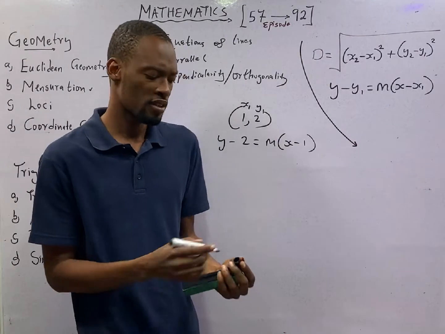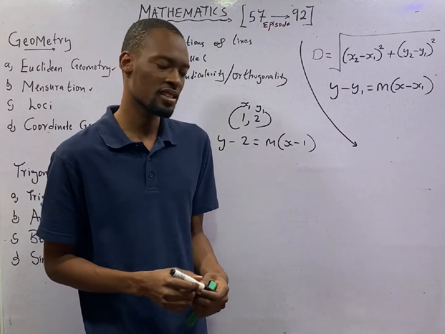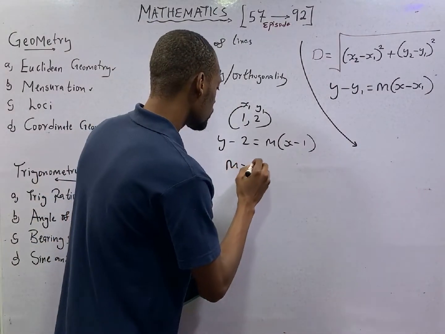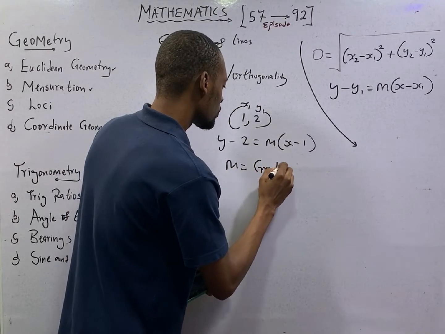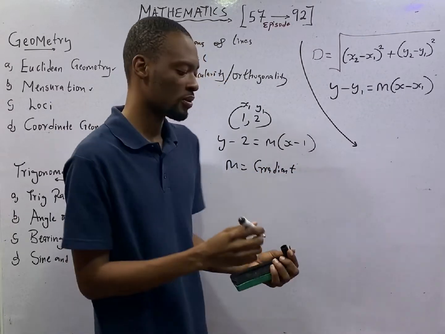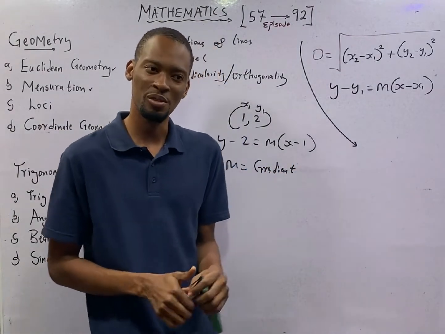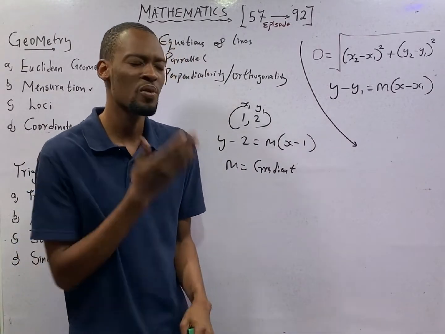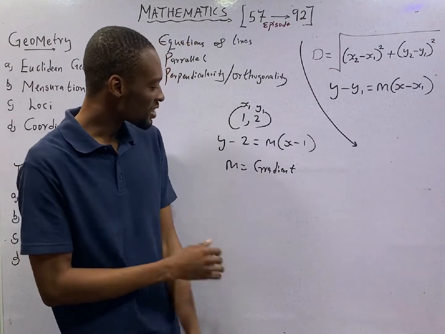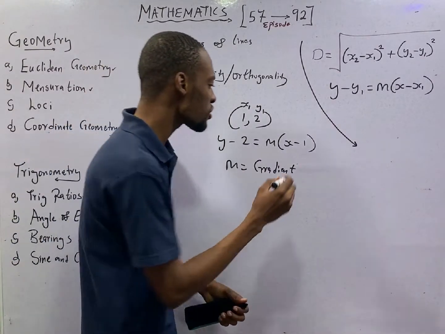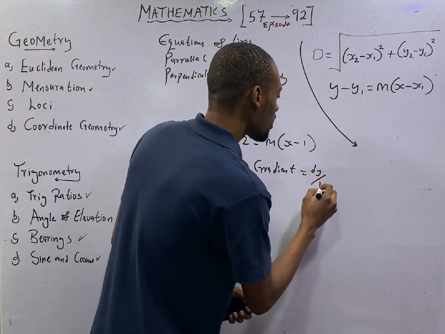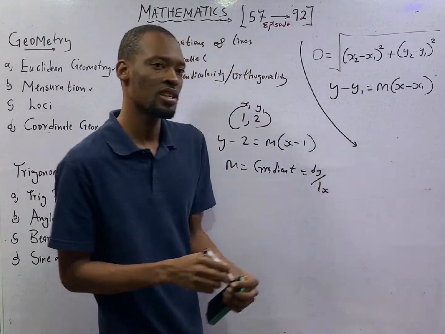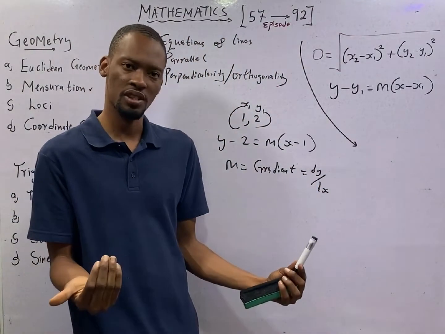What is m? m is your gradient, or you say slope. In differentiation and integration, which we shall get to very soon, I love calculus, you will see that gradient is also dy over dx. Gradient is rate of change.